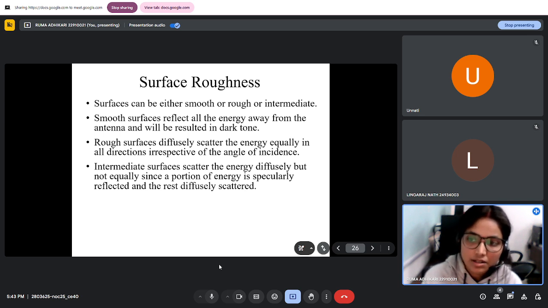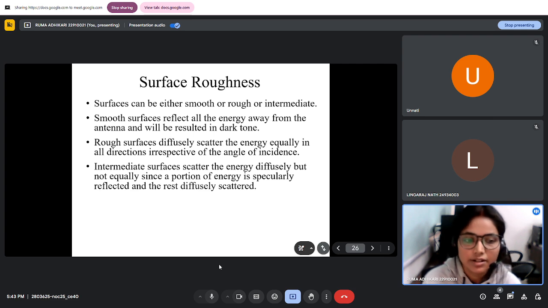A surface with intermediate roughness scatters the energy diffusely. Diffuse scattering means scattering in every direction, but not equally, since a portion of energy is specularly reflected.